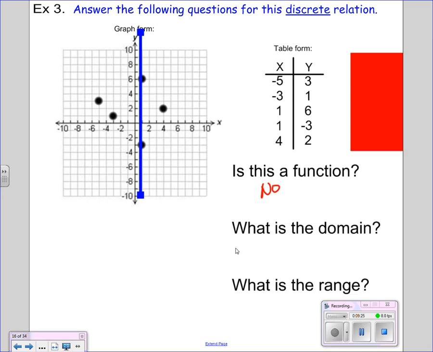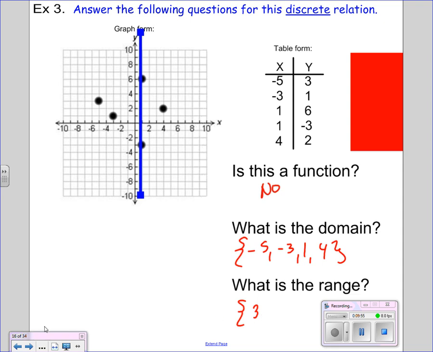Then what's the domain? So the domain, again, you list all the x values. So we have our swirly brace, and we just list all the x's in order from least to greatest. So negative 5, negative 3. Notice that 1 repeats. We only need to write it one time. And then 4. The range, again, we list them all out. So we have 3.